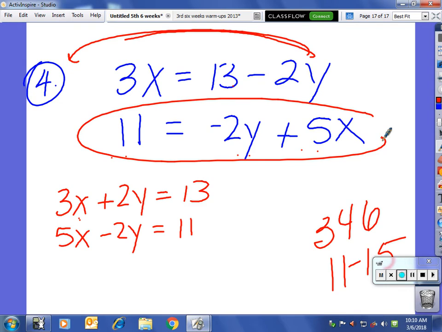Okay, if you changed it to a negative, it sounds like you switched basically everything. That means that all your signs should be the opposite of what I have. But why would this become a negative 11? We didn't move it. Okay, and now this one is set up to where the y's already cancel.